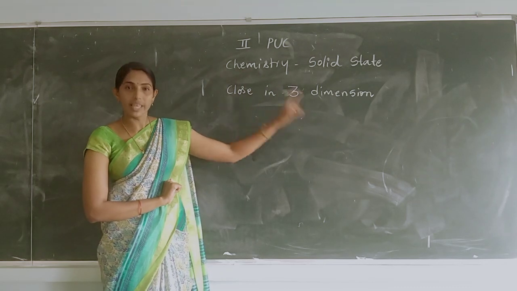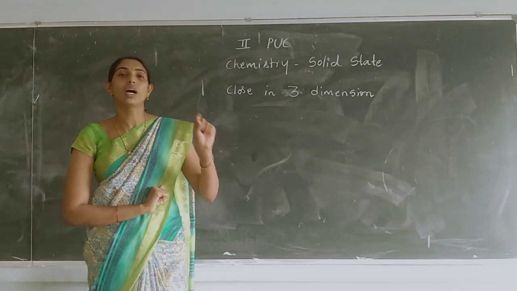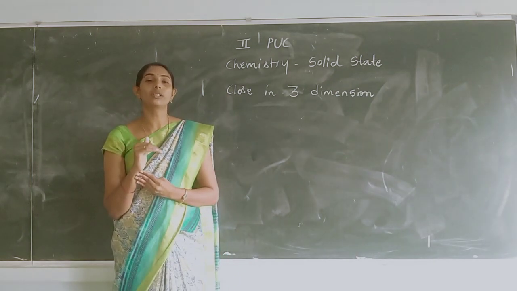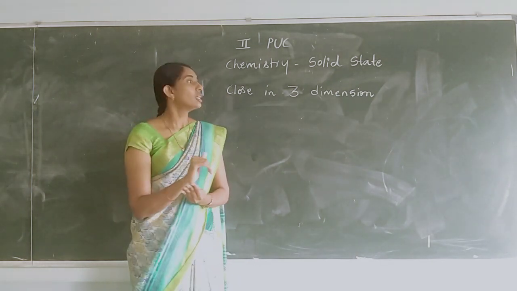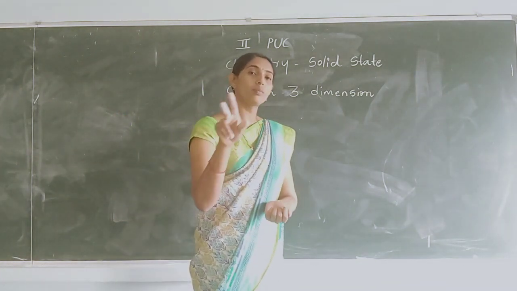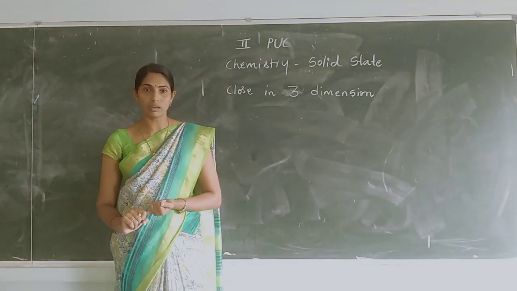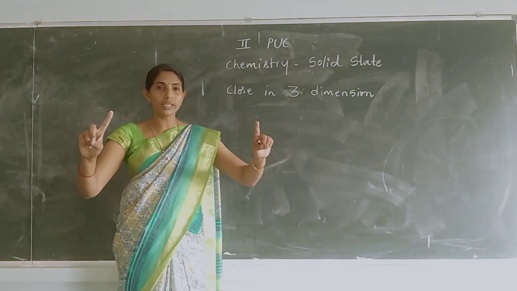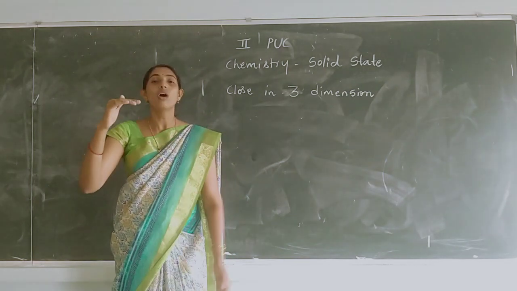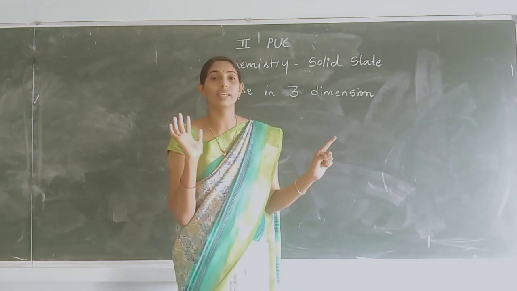Here, many 2-dimensional layers means you have two possibilities: square close packed layer and hexagonal close packed layer. So there are two possibilities. One is a 3-dimensional close packed structure using square close packed layers. One more is a 3-dimensional close packed structure using hexagonal close packed layers.